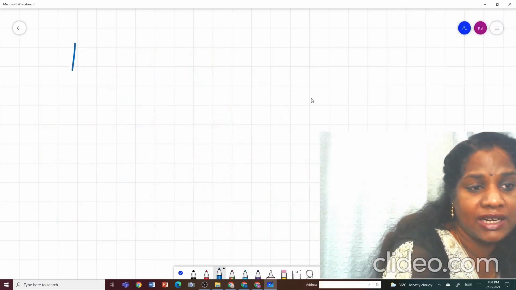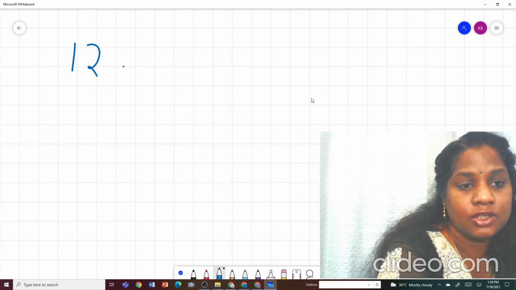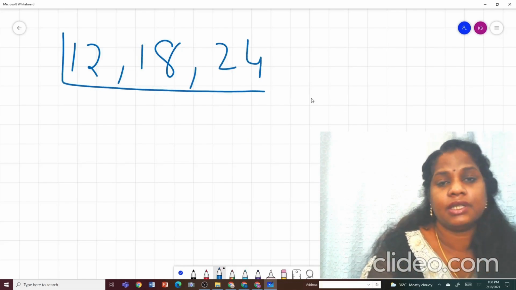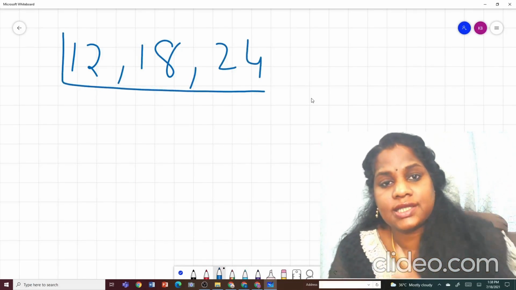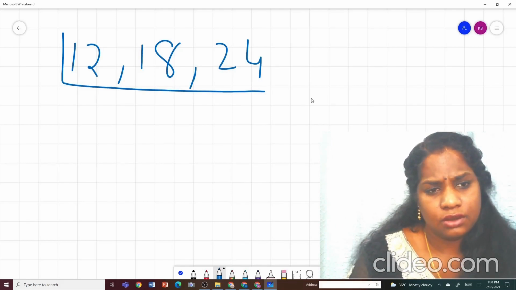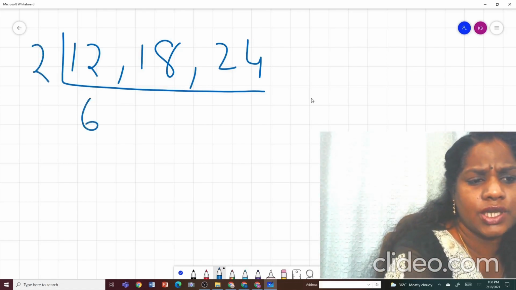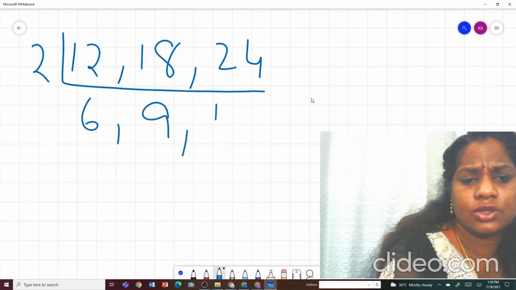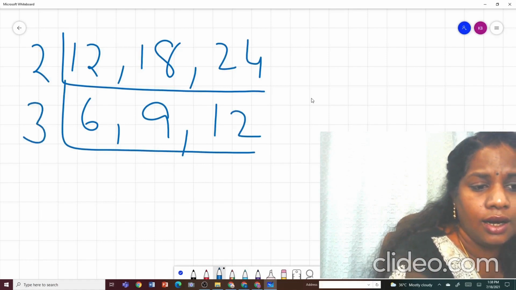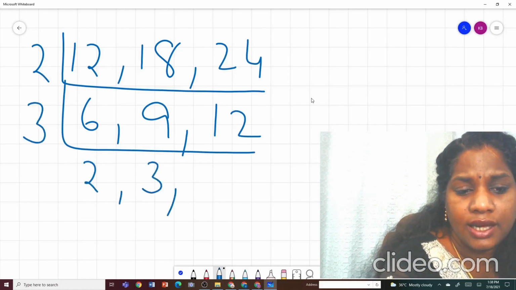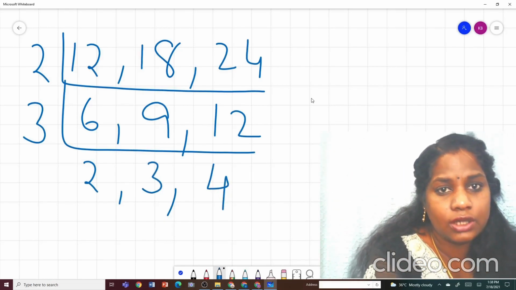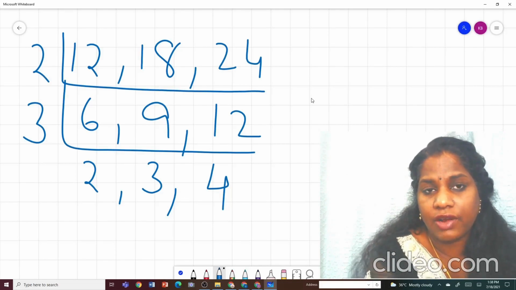Let us do it by the prime factorization method also. 12, 18 and 24. Is there any number with which all these three numbers can be divided? Let us take 2. 2 sixes, 2 nines and 2 twelves. Okay, fine. Now let us take 3. 3 twos, 3 threes and 3 fours. Now is there any number which can divide all these three?